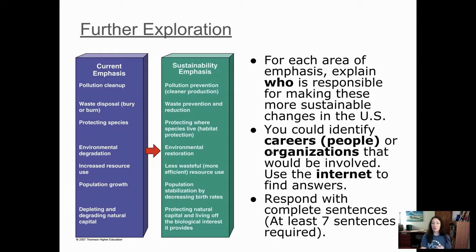Or you could talk about organizations as well. The Environmental Protection Agency is a very powerful force in the country. Well, maybe not right at this moment, but it can be in doing a lot of these things. But what specific organizations, even aside from the Environmental Protection Agency, are involved in going from this current emphasis to a more sustainable emphasis?